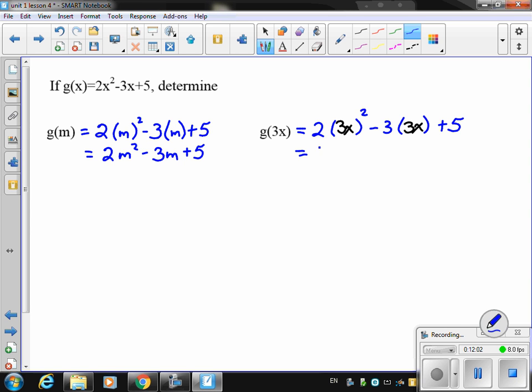I am going to tidy it up, because that's always good form. 3x squared means 3x times 3x, which is 9x squared. Subtract 9x plus 5. I'm going to do my multiplication before I add and subtract. If possible, I get 18x squared minus 9x plus 5. I can't put any of those terms together because they're unlike, so I am finished.